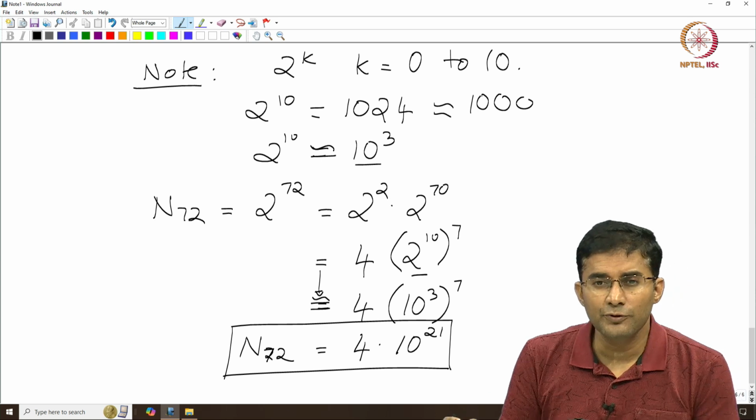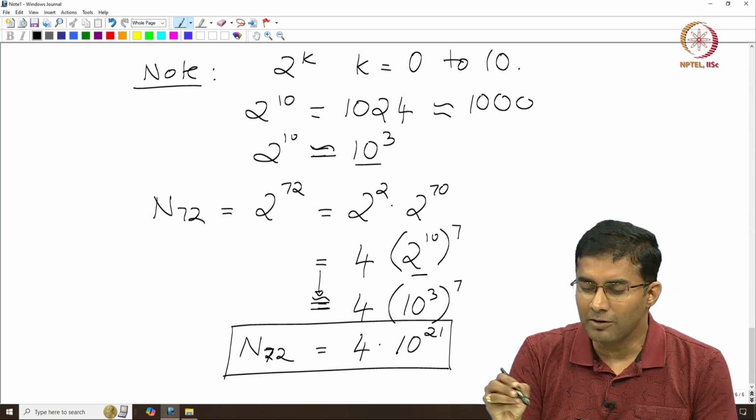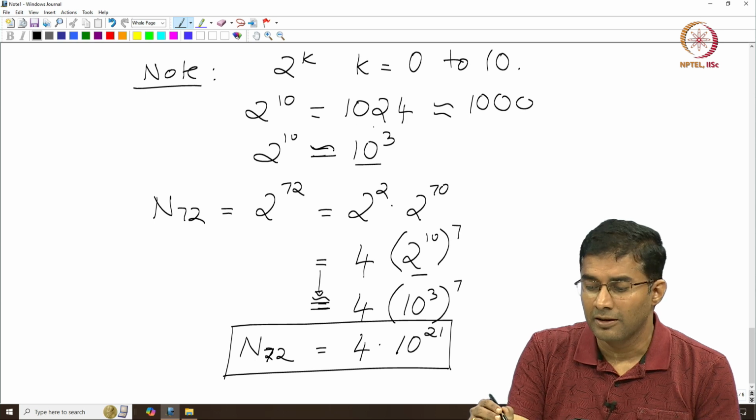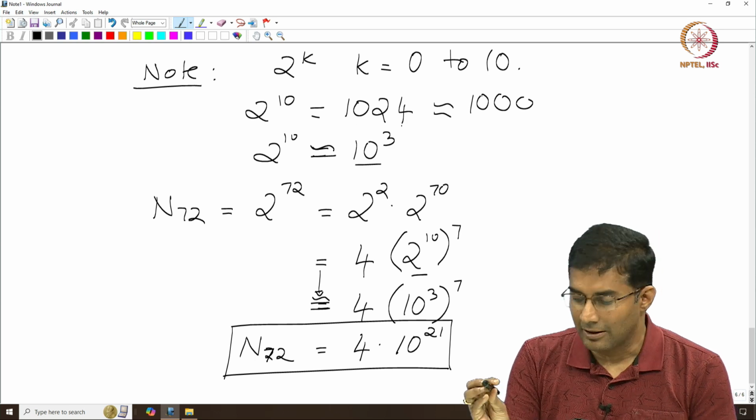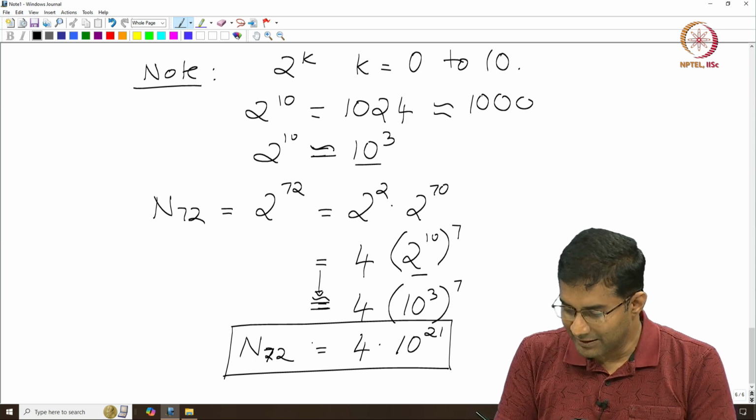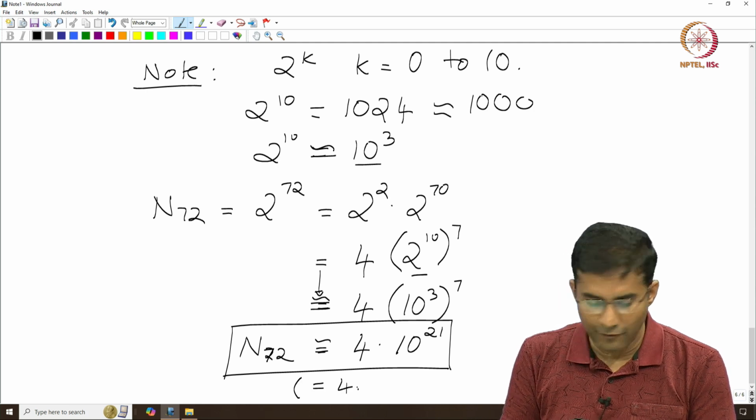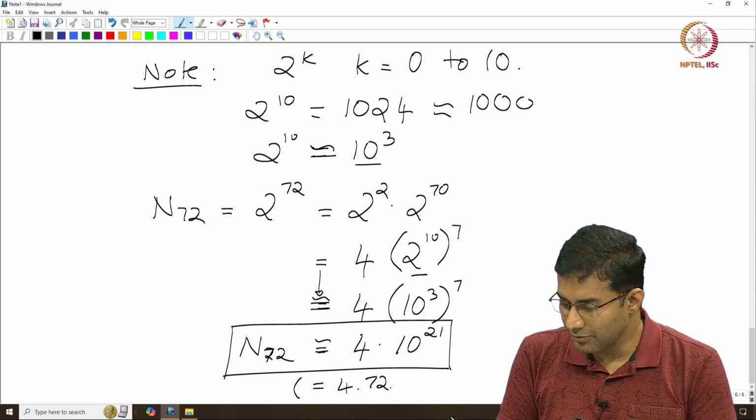If you were to actually use your calculator and not make the approximation that 1024 is 1000, then you will find that the exact answer is something like 4.72 times 10 power 21, which is not bad.